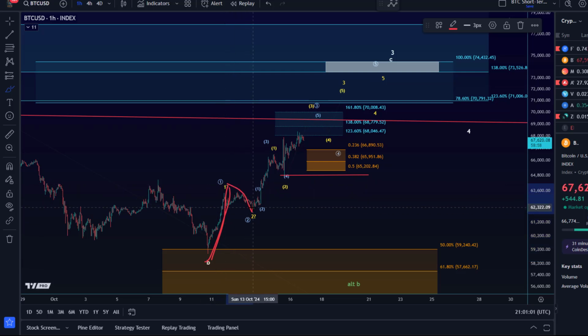Then the wave 2 pullback bottomed on Sunday the 13th. The third wave in this scenario is still unfolding. It would be ideal if the third wave could form one more high, at least to 68,780. That's the 1.38 extension. Further extensions would be welcomed because that will take us closer to that ideal target area.